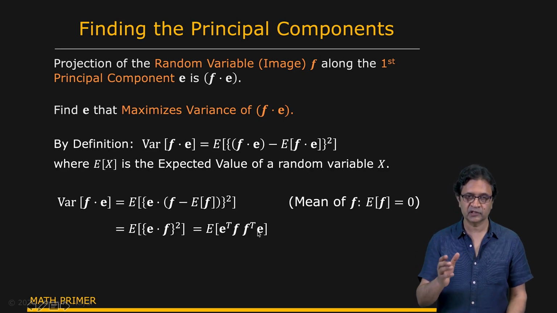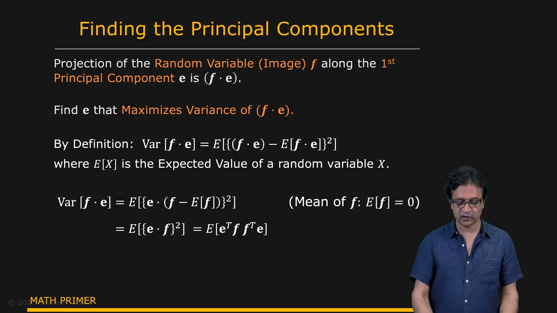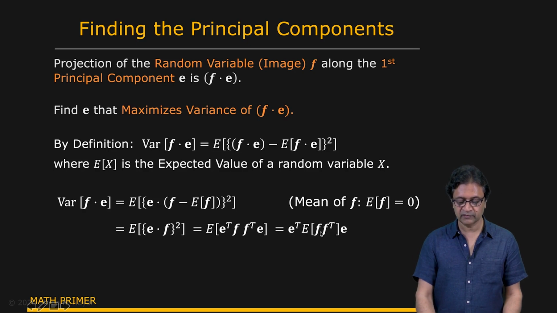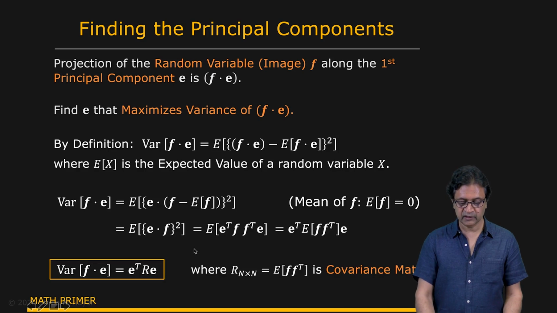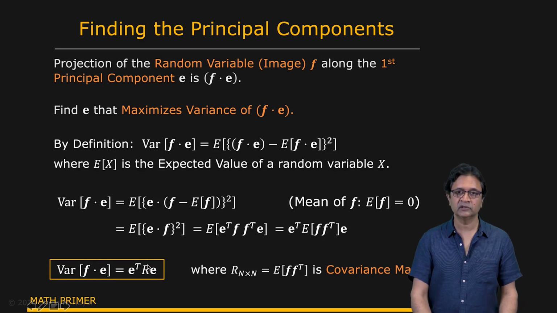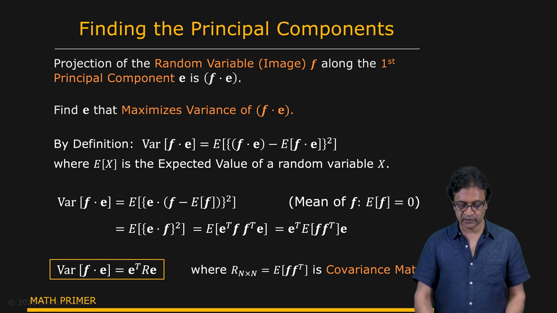Once again, f is the random variable here, e is not. So you can pull e transpose and e out, and you get e transpose times the expected value of f f transpose times e. This can be written as a matrix R, an n by n matrix, which is called the covariance matrix. So e transpose R e is the variance of f dot e.